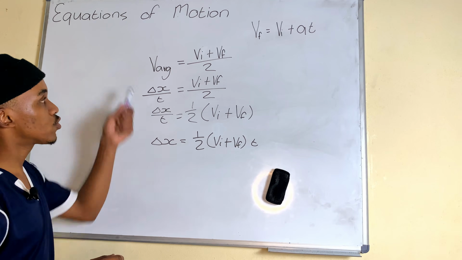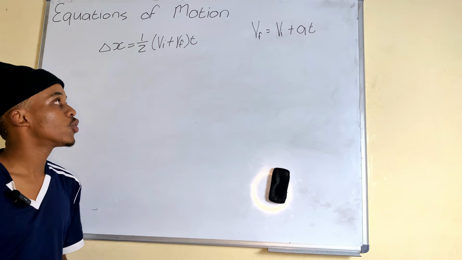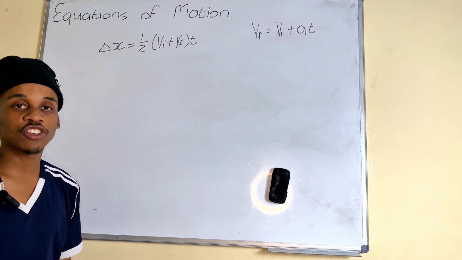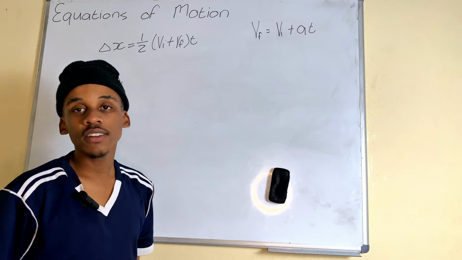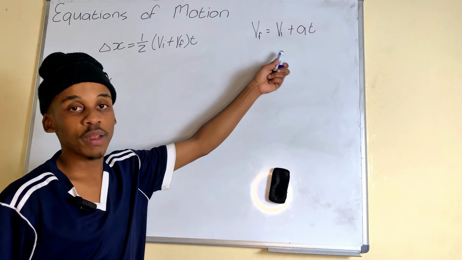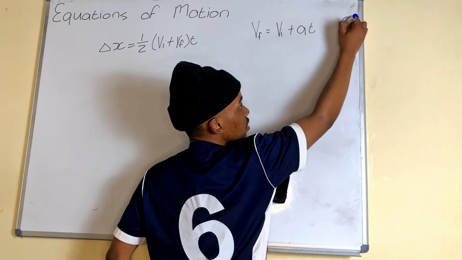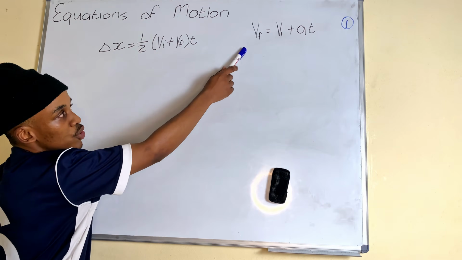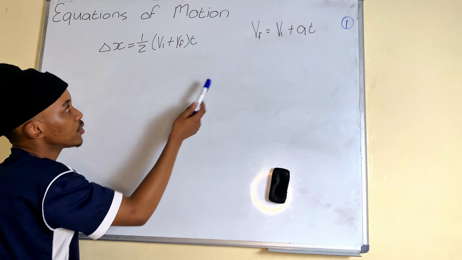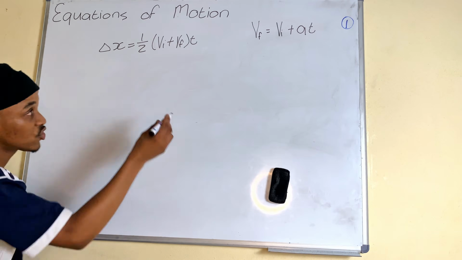I'll move this to the top so that we have space. Remember that we calculated our first equation of motion, where the velocity final is equal to the velocity initial plus acceleration multiplied by time. This means that we can substitute velocity final into this equation. Let's just do that.